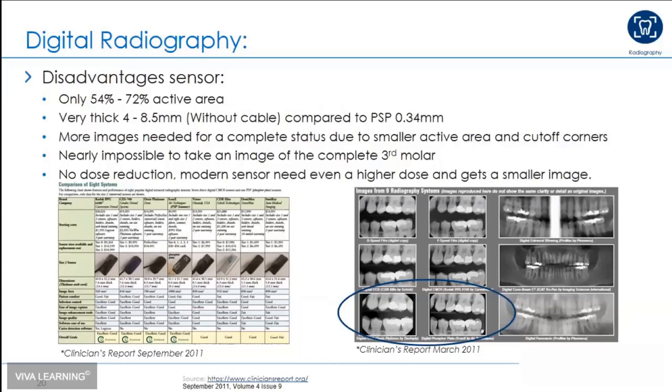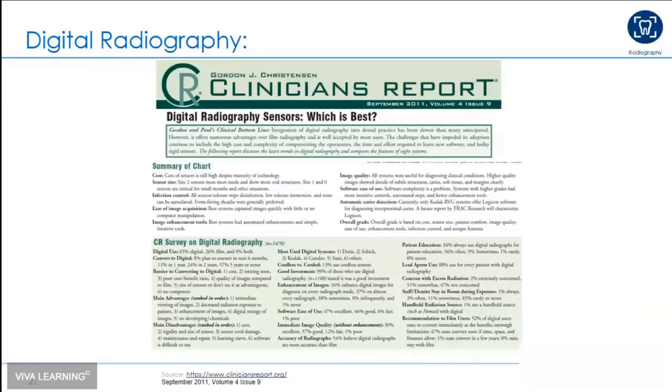So if we're worried about how much radiation exposure we're going to provide to that patient, we certainly want to be conscientious and minimize the amount of radiation exposure. And therefore, by using a phosphor plate, we can very often reduce our exposure time as well as the amount of radiation that is necessary.